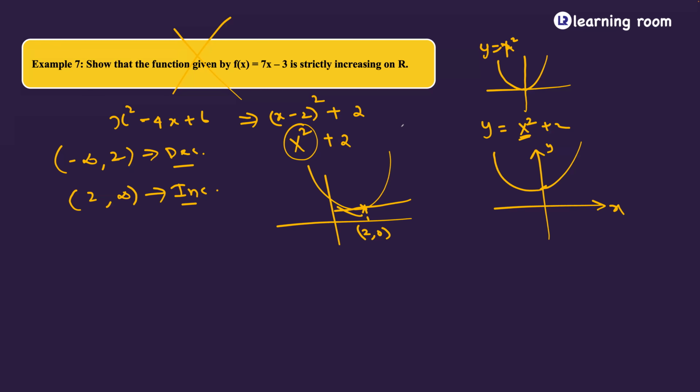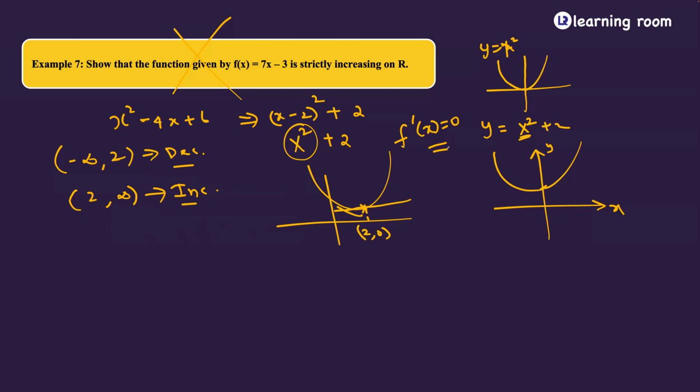That is the reason why at the point of minimum we write this equal to 0. So the actual meaning of increasing is strictly increasing combined with the point of minima or maxima. That is why I'm not taking greater than or equal to 0.